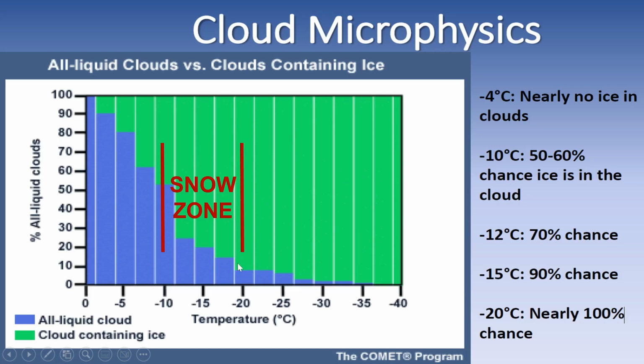And so this is really when things are getting nice and cold. You're getting a lot of good ice generation. So we're really looking for a lot of saturation or a lot of moisture running around -10 to about -20 degrees Celsius. That's the sweet spot for really good snow growth, especially here in the mid-Atlantic.